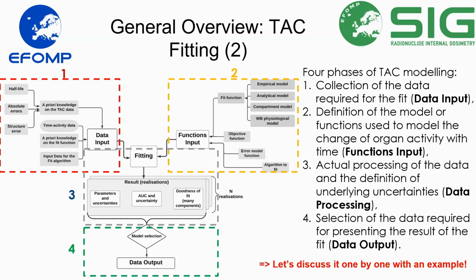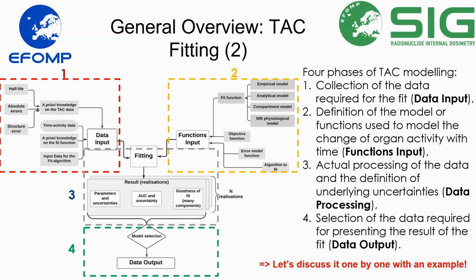In general, we have four phases of TAC modeling. The first one, in red, is the collection of the data required for the fit, related to the data input. The second one, in yellow, is the definition of the model or function used to model the change of organ activity with time, which we can call the function input.